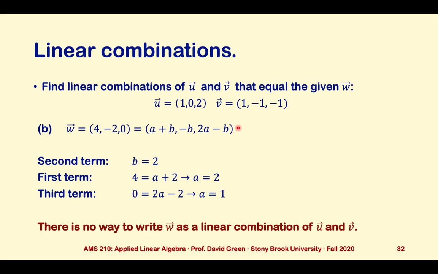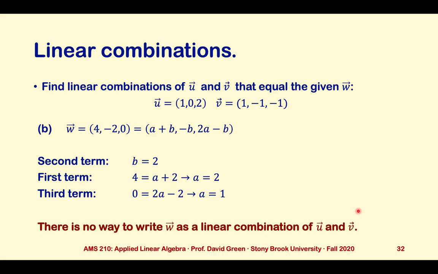If B is 2, then 2A has to be 2, and A has to be 1. We get different answers for A, whether we look at the first term or the third term. This inconsistency tells us that there is no way to write W as a linear combination of U and V.